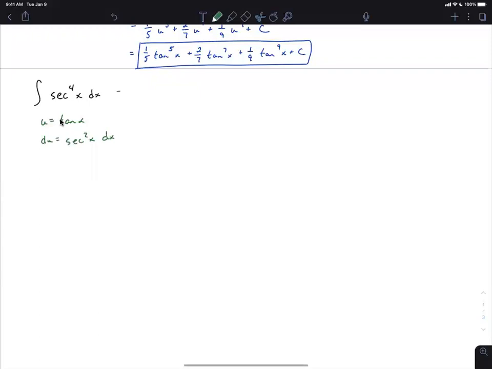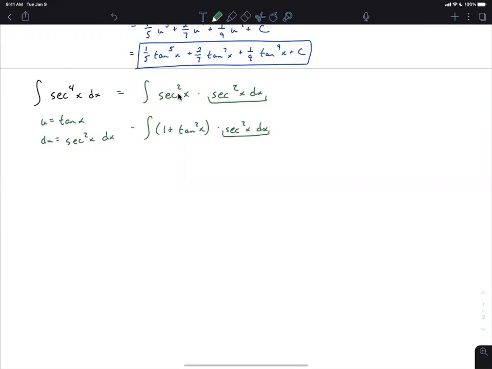And after we separate the secant squared, we've still got secant squared, which is an even power of secant. And now it's easy to rewrite this in terms of tangent. Does that make sense to everybody? All right, and so we rewrite it as 1 plus tangent squared x times secant squared x dx.